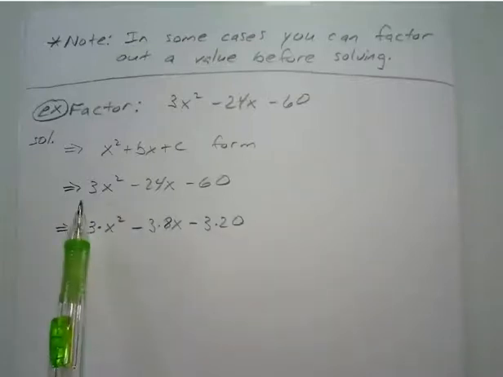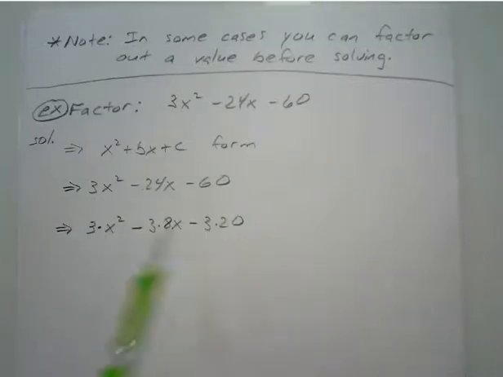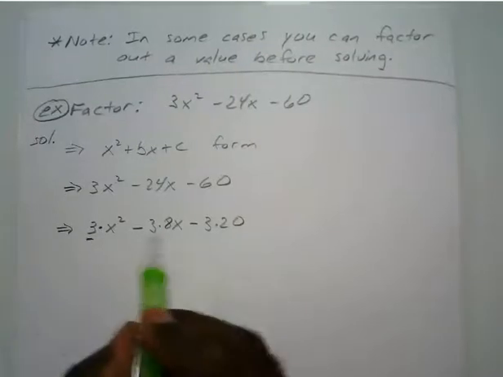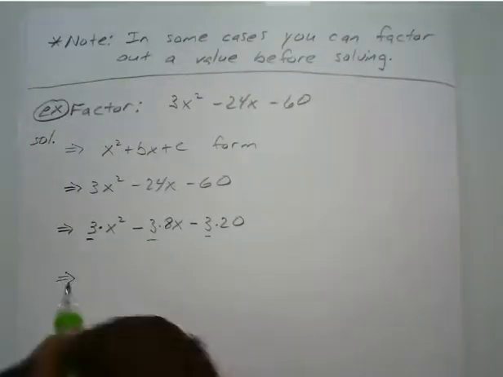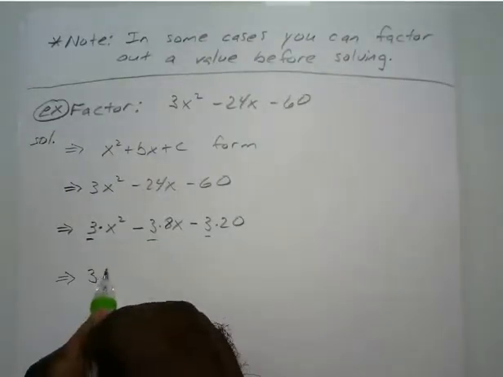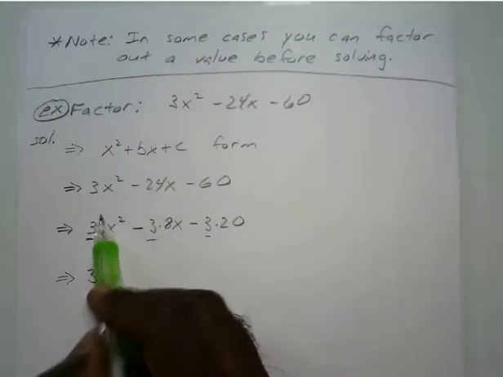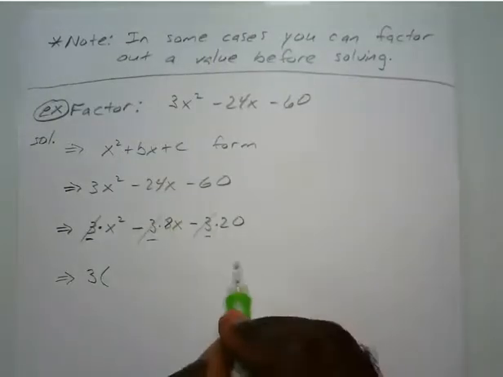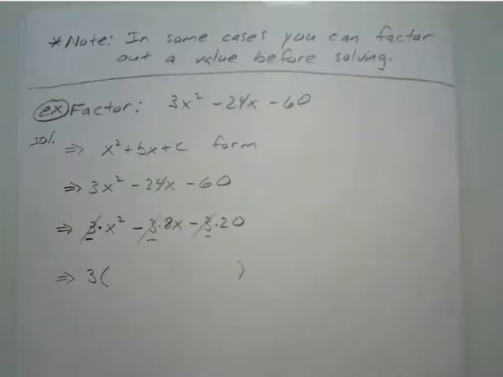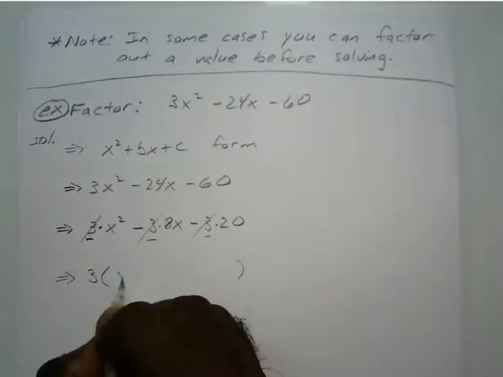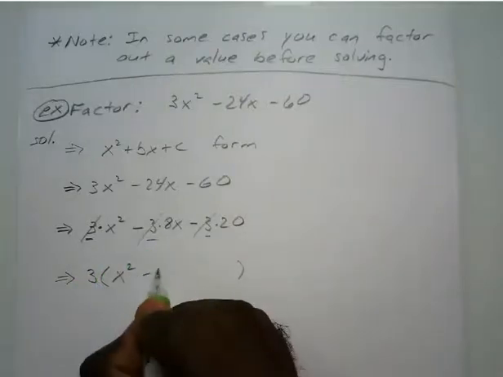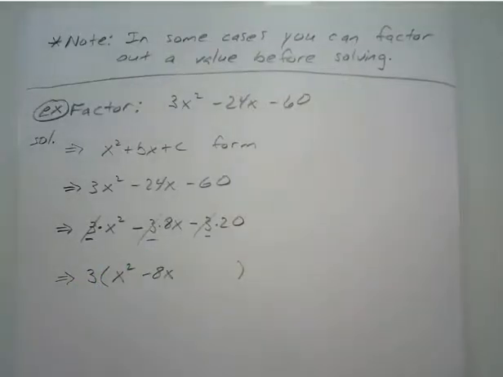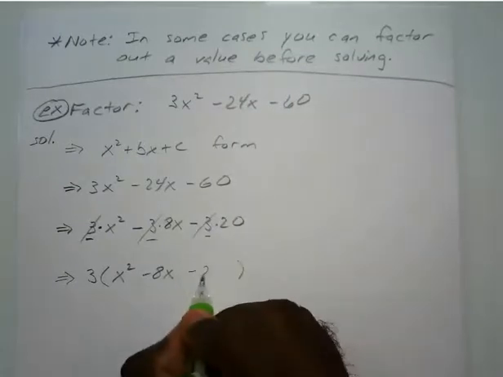Okay, this shows that 3, 24, and 60 all have a common factor. You can actually factor out a 3 from all 3 terms. So if we factor out that 3, we bring it to the front of our parentheses. And we can go ahead and cross it out since we factored it out to the front. So that leaves us with x squared in our first term, minus 8x in our second term, and minus 20 in our third term.